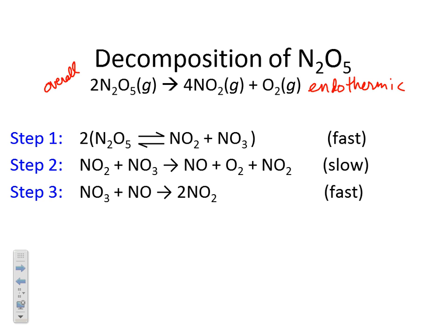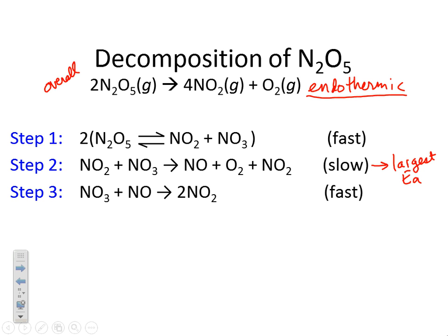The fact that it's endothermic means that we want to end with our products having a higher energy than our reactants, so we want to be aware of that. And then it says that step 1 is fast, step 2 is slow, and step 3 is fast. So this is going to mean that step 2, being the slow step, is going to have the largest activation energy out of all 3 steps.